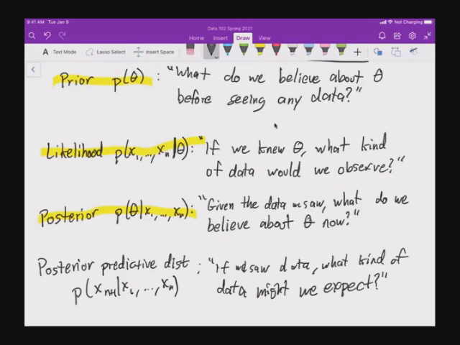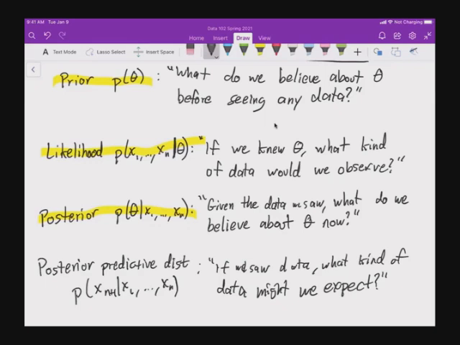But another example from what you saw in lab is, given that you did all these studies on COVID, we saw this example where for each of the studies, we estimated the SAR, which is how much COVID spreads. And now the posterior predictive distribution says, well, what kind of data might I see in a new study? And by proxy, that says what kind of data would I see in the real world?